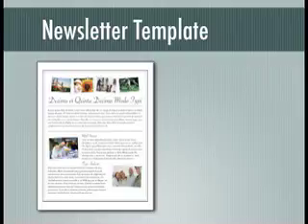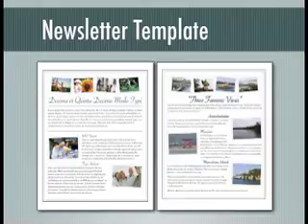And this is what it looked like. On the left-hand side is the template, and you can see they have places for pictures and they have text. And this is what it looked like in my newsletter. Obviously, the pictures in the template are in the States, and the pictures that I used were in Japan, but they had a similar look. Quite a few modifications, but I basically used a template to make it easier on myself.